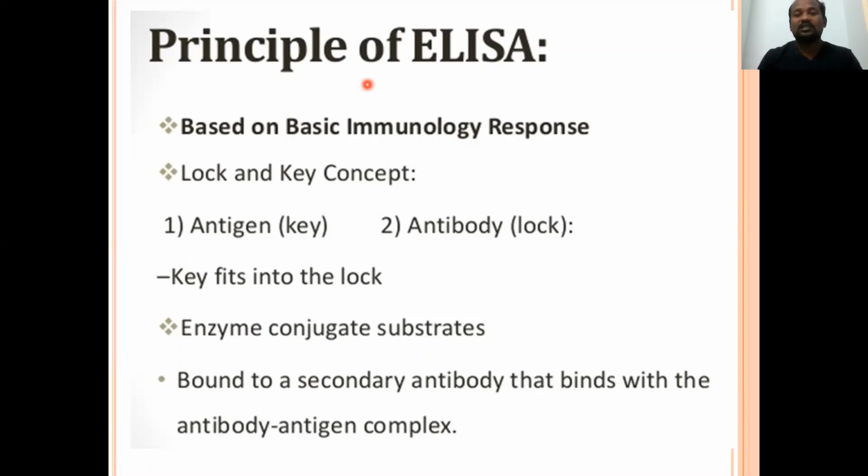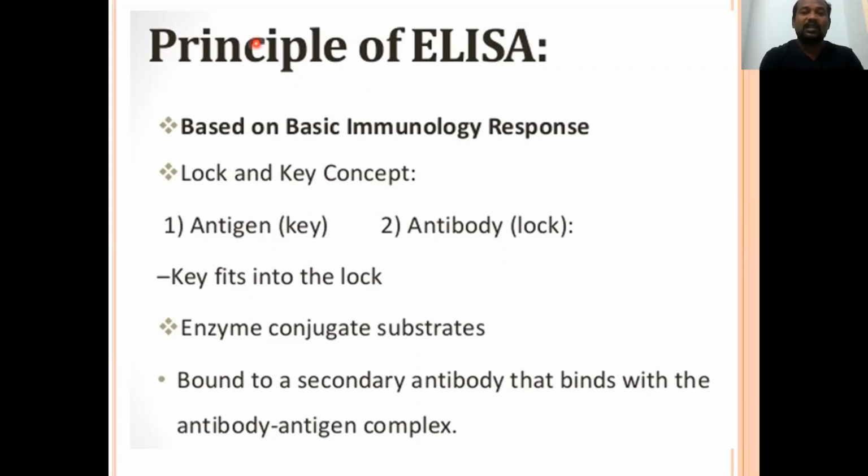Once it enters inside the body, that antigen will stimulate the production of antibody in the patient's body. So those antibodies will react or attach particularly with the specific antigen. The antibody produced by the human will fight against the particular antigen. That is a normal physiological or immunological process happening in normal human beings.